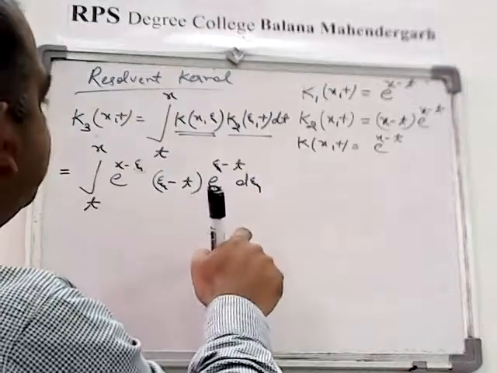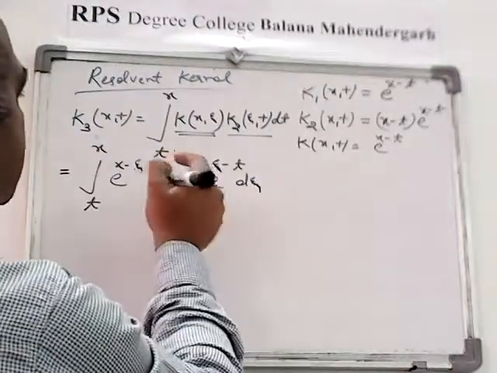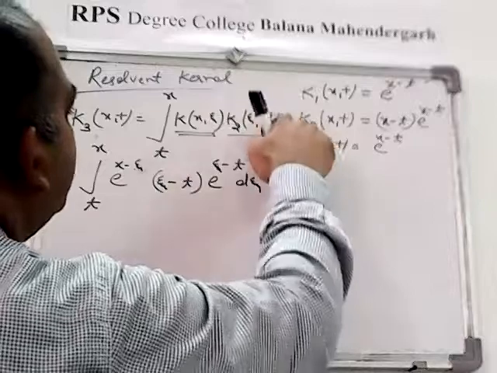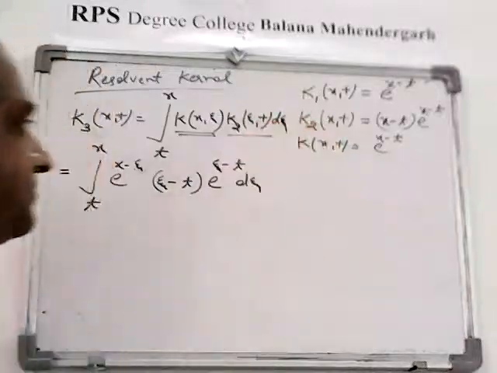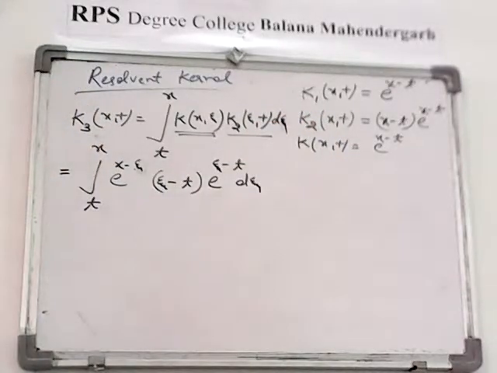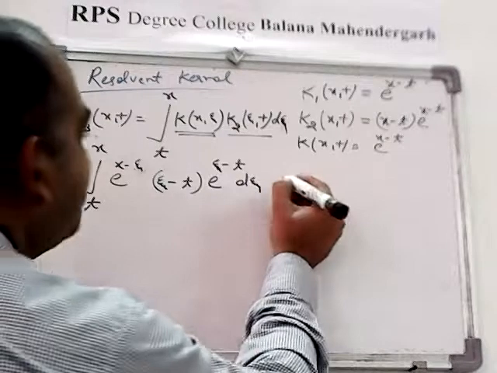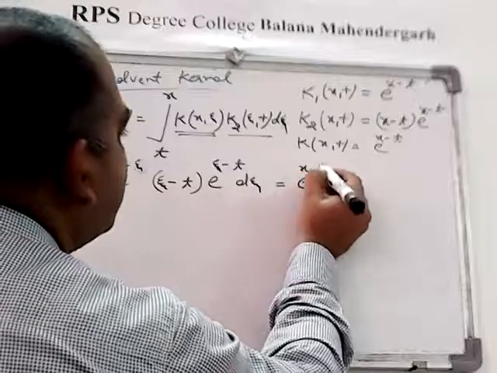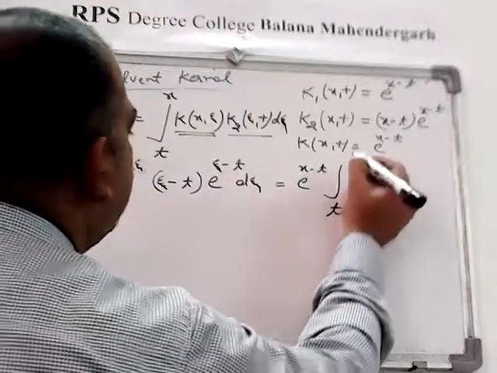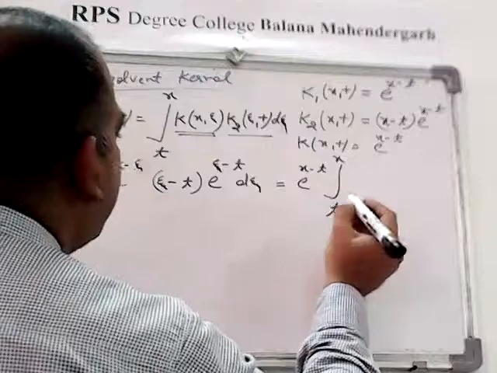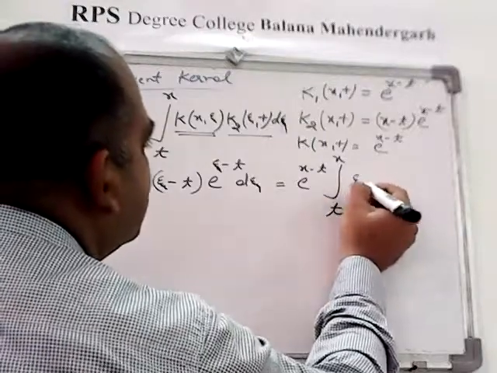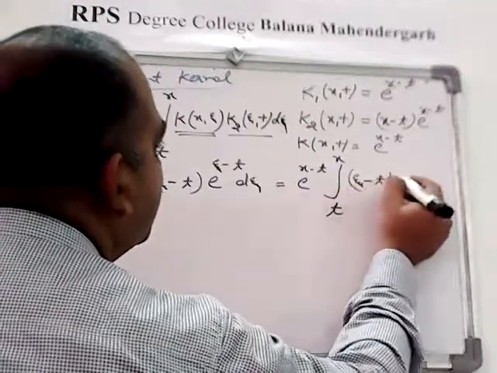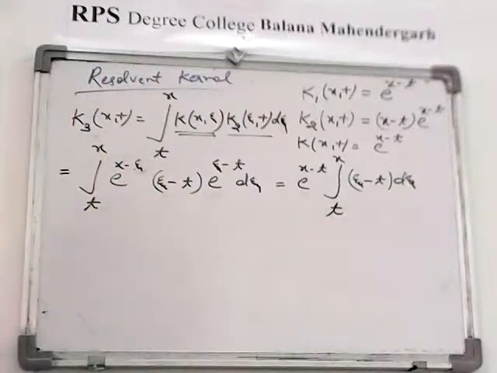We are using here the variable xi. So after simplification, what are we going to get? We have e raised to power x minus t outside, then integration t to x, then inside we will have xi minus t, d xi.